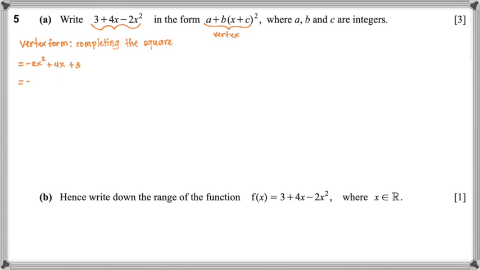So factor out negative 2, get x squared minus 2x plus 3. And then once again, we get half of the coefficient of the middle term, and then square it and add it on both sides of the equation.